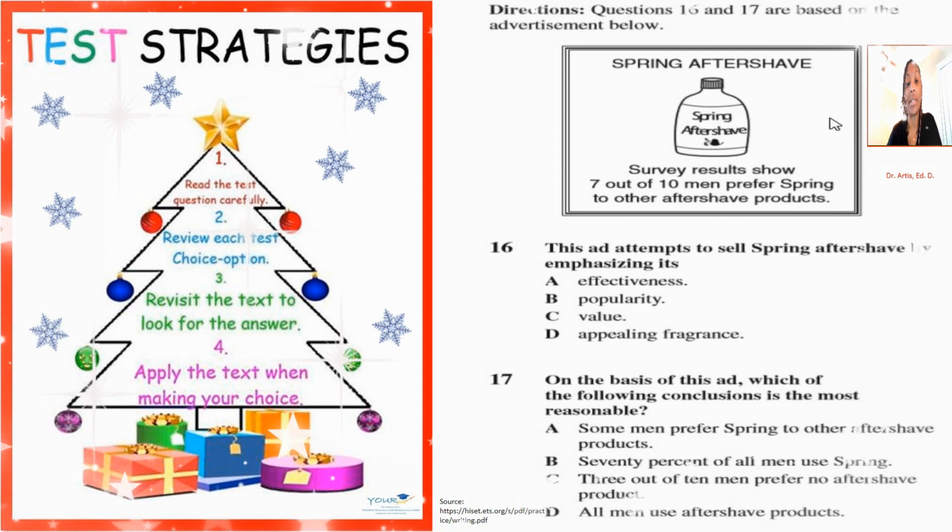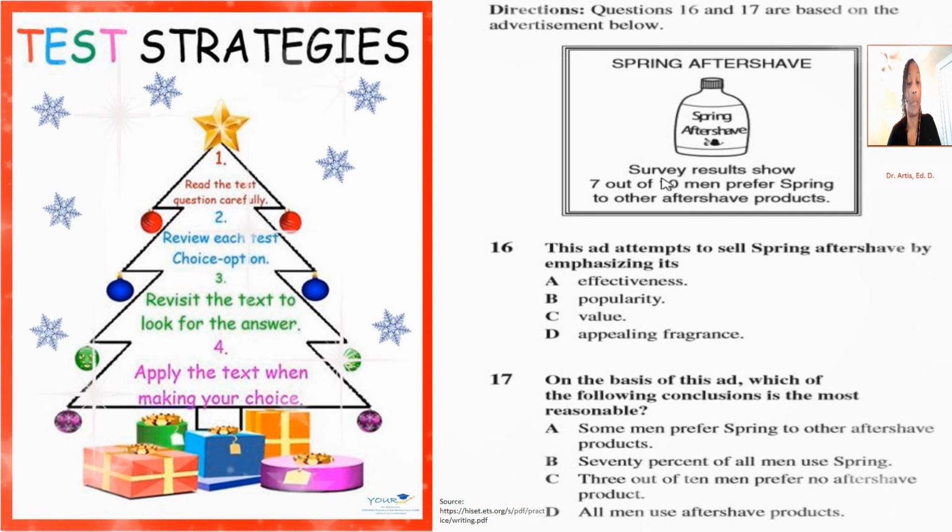So we know that a survey was conducted on 10 men, and out of those 10 men, 7 preferred Spring aftershave over the other aftershave products being used in the survey.